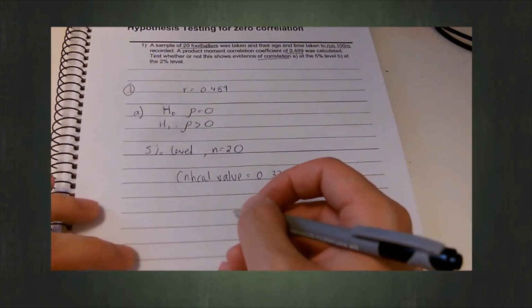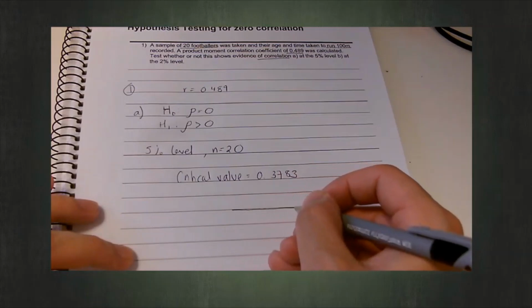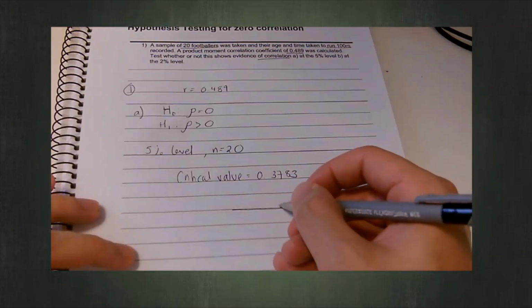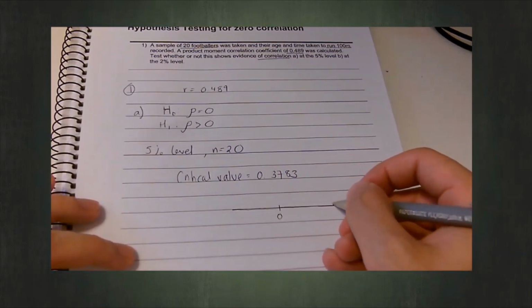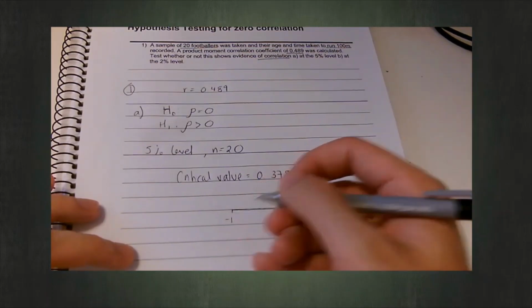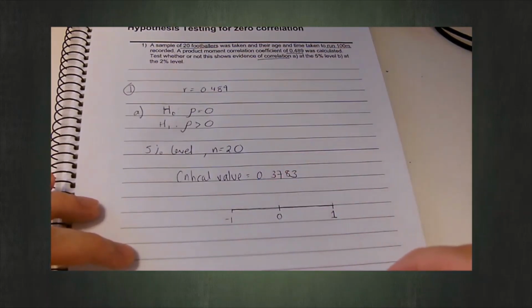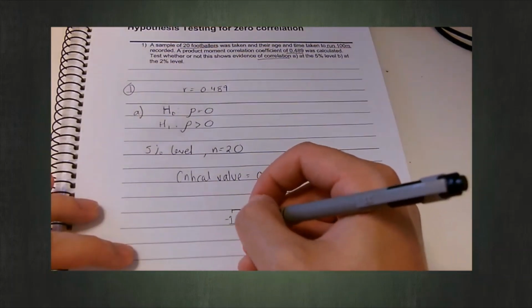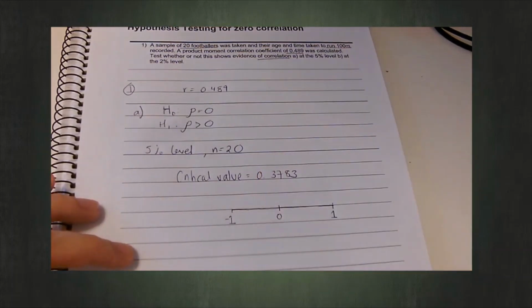Well, what we've got to understand is correlation, strictly in the sense of the mathematical language we've been using for PMCC. The value of correlation is between -1 and 1. And 0.3783 is here.